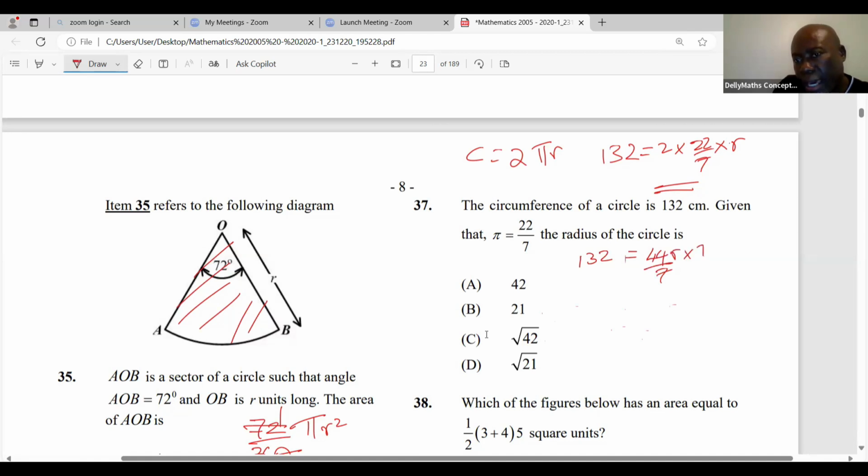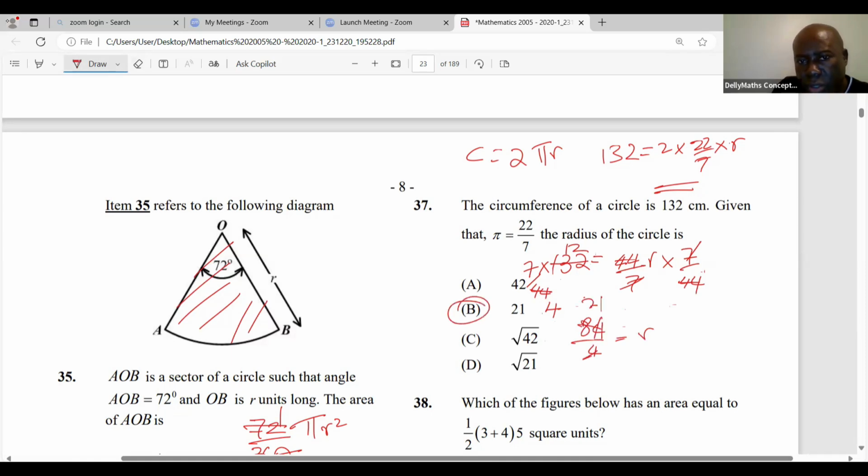Let's multiply both sides by the reciprocal of the fraction that we intend to get rid of. So I'm reciprocating 44 over 7, and I'm going to do it on both sides. So I have 7 over 44. 11 into 44 is 4, but 11 into 132 is 12. 4 over 4, which is equal to r, 21. So 37 is actually 21.